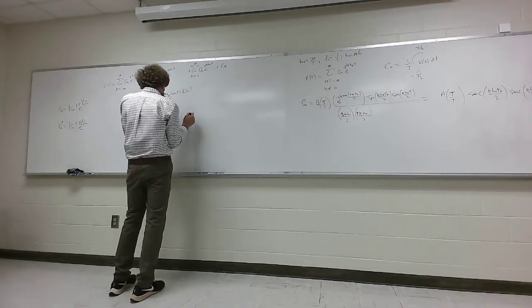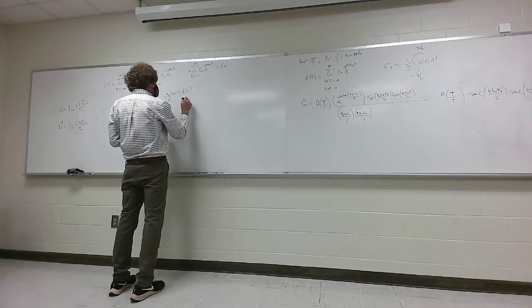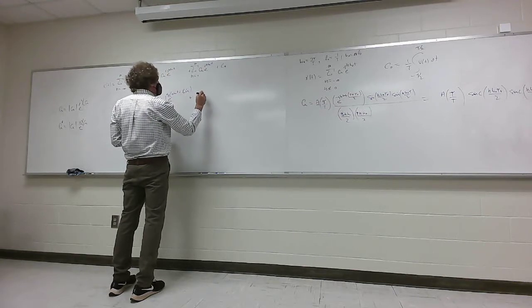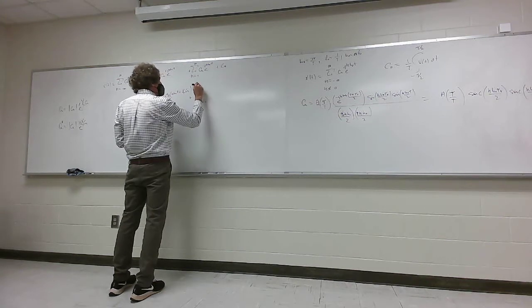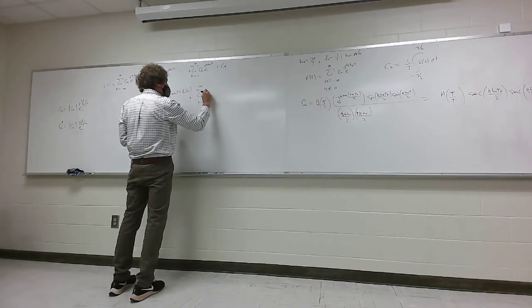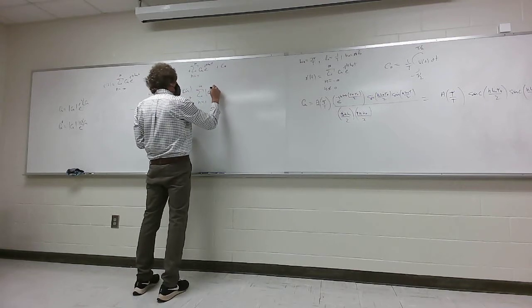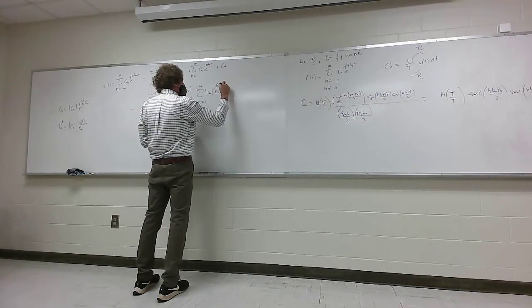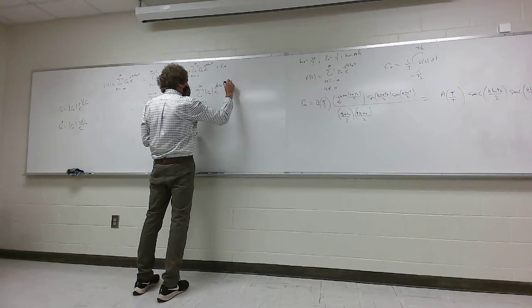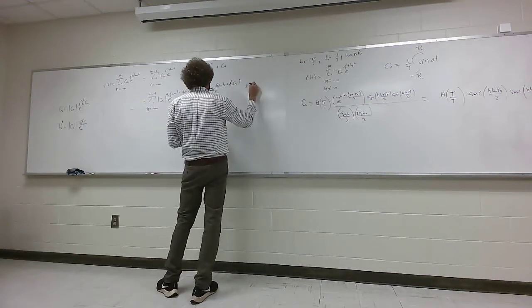Plus the summation from n equals 1 to infinity of the magnitude of C of n, e to the j n omega naught t plus the phase angle of C of n, and then plus C0.